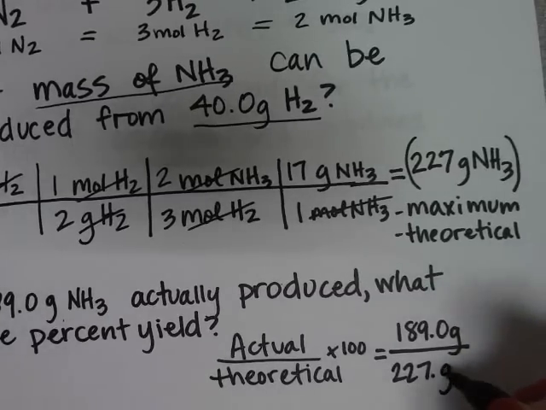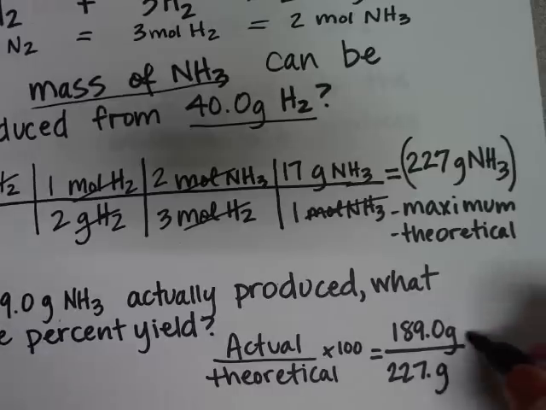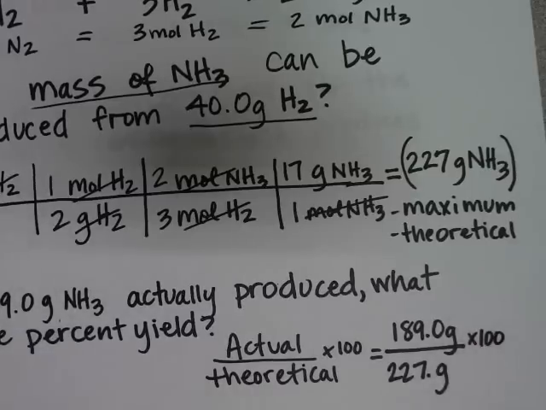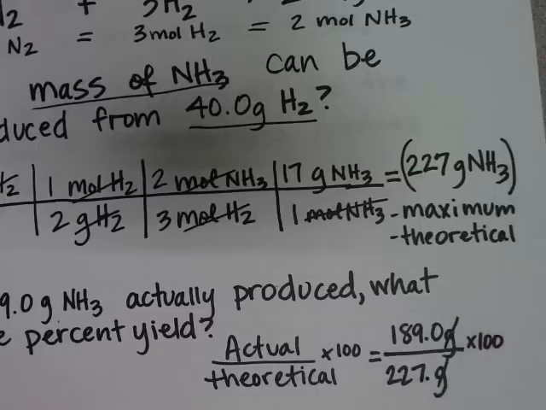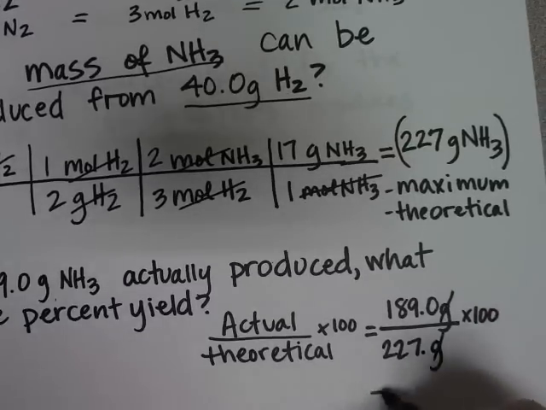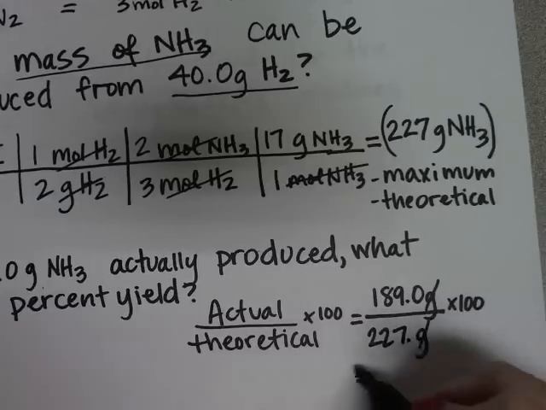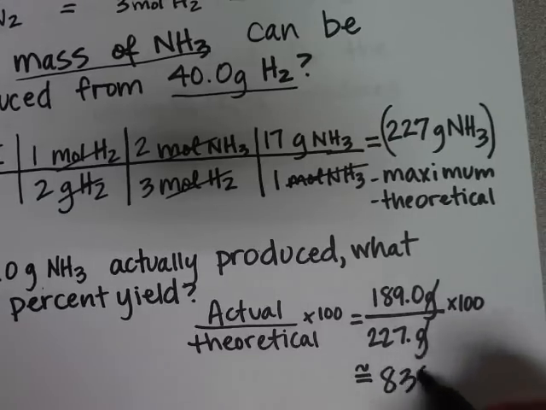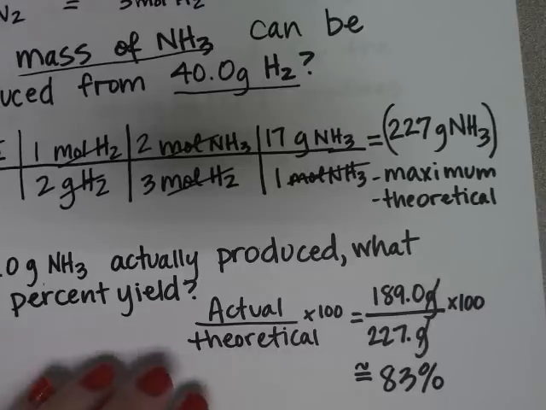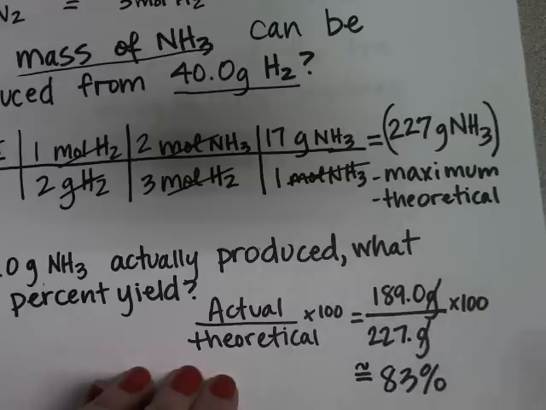This one we figured out from our stoichiometry problem. This one was given. And then we divide, grams cancels, and I think you'll get about 83%, which for percent yield for a chemical reaction is actually pretty high. That's a pretty decent percent yield.